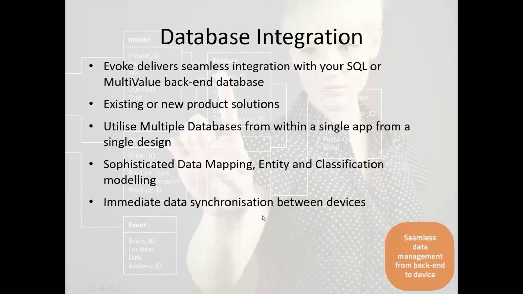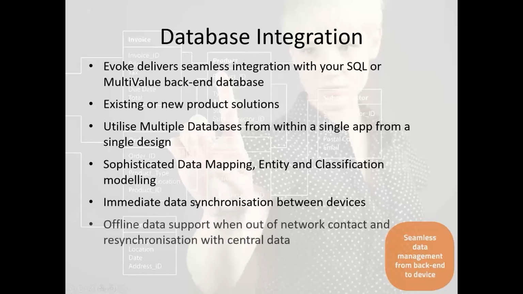There is, of course, immediate data synchronization between all devices. And if you generate your app design in Evoke into a native app, then you can offer your users offline data support. This means that if you're using the app on a tablet, say in a warehouse, and you walk outside the warehouse where there's no 4G or there's no Wi-Fi coverage, your users can still use the app, and you can determine for them whether they will be able to use all the functions or a subset of the functions, and whether they will be able to use all the database or a subset of the database.